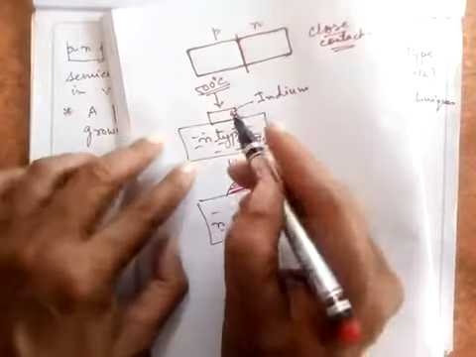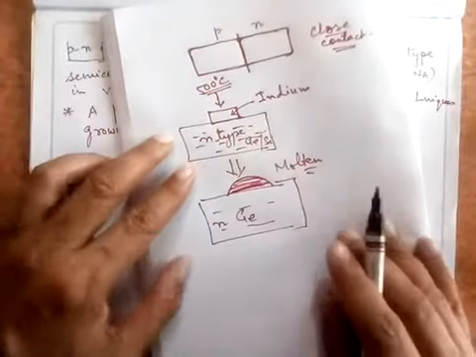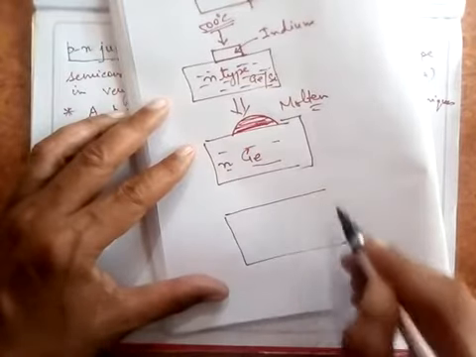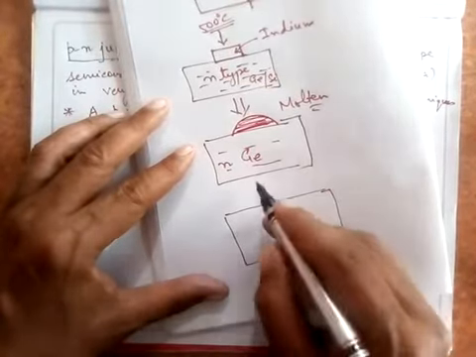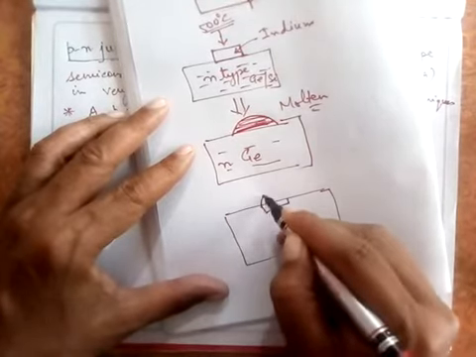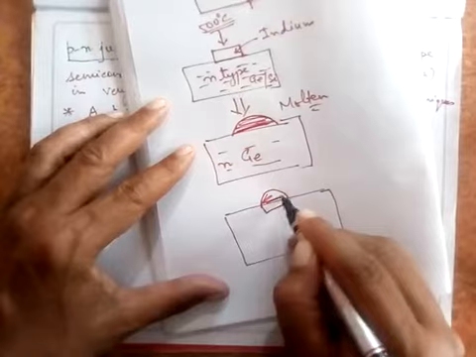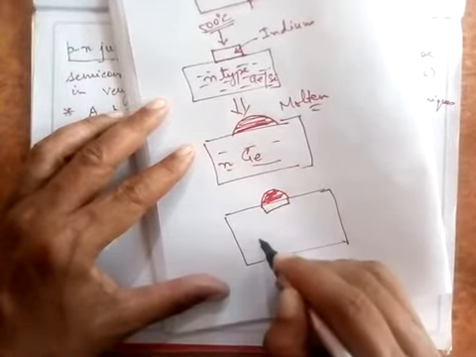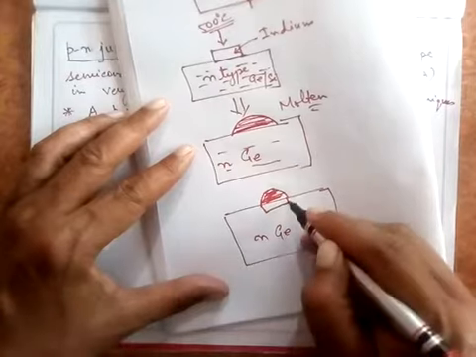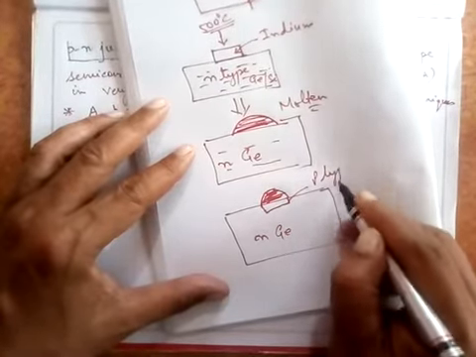If I apply a very high temperature here, this will be melted, and accordingly you will have this indium, this n-type germanium here, and a p-type region is formed here.